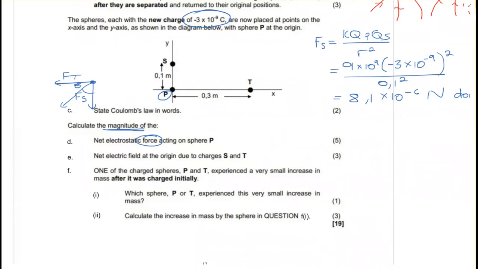So the distance, let me quickly check where we are. The distance that was given over here, between P and S, they said that the distance there was 0.1 meters. See it? And then the other distance that we're going to use is 0.3 meters.